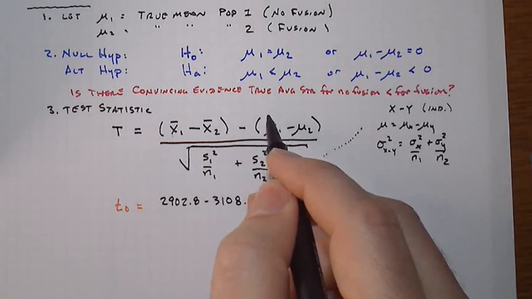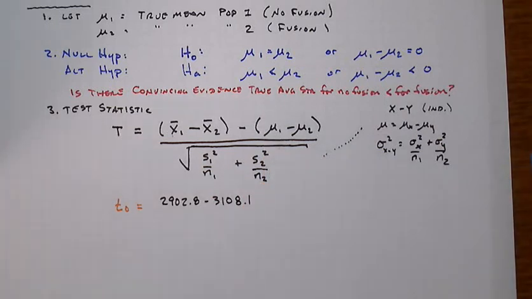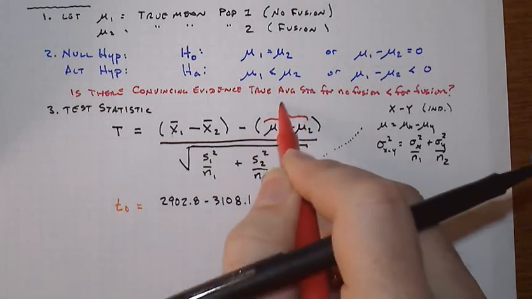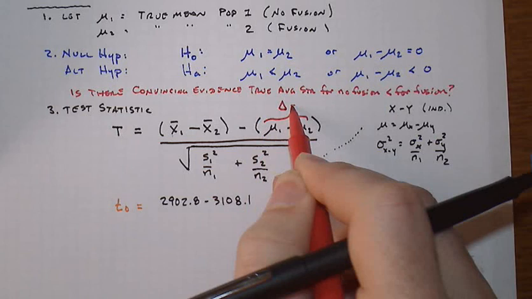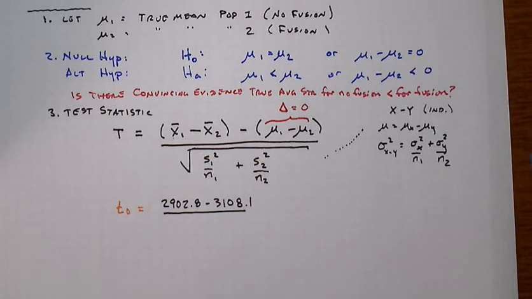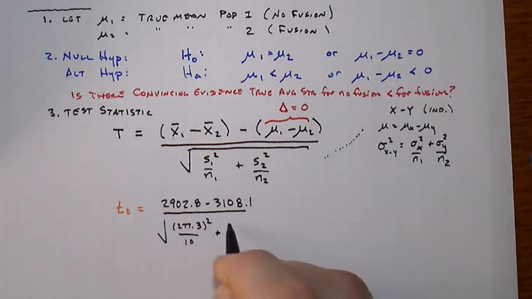And it's frequently easier to call this thing delta, and we're going to have that equal to 0 in this specific case, if that's what we're testing in our null hypothesis. And then divide by the square root of the sum of the squares, so 277.3 squared divided by 10 plus 205.9 squared divided by 8.